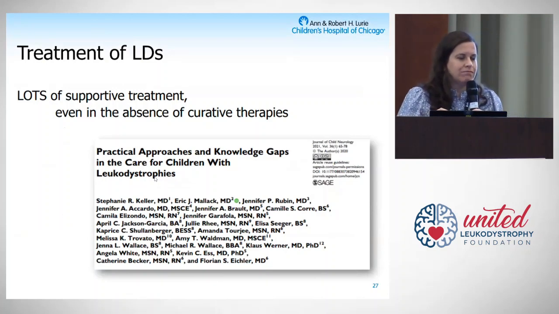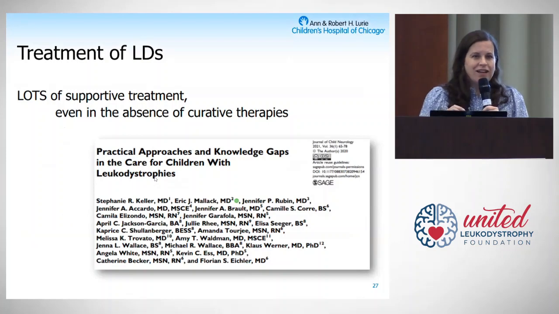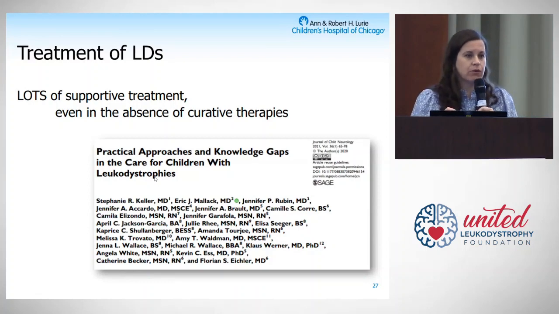Many, many years ago, the cystic fibrosis community decided to take a consensus approach and develop treatment guidelines for aggressive pulmonary treatment, aggressive use of antibiotics, and excellent use of nutrition. Without any curative disease-directed therapies, they increase the life expectancy of children with cystic fibrosis every year by about a year.